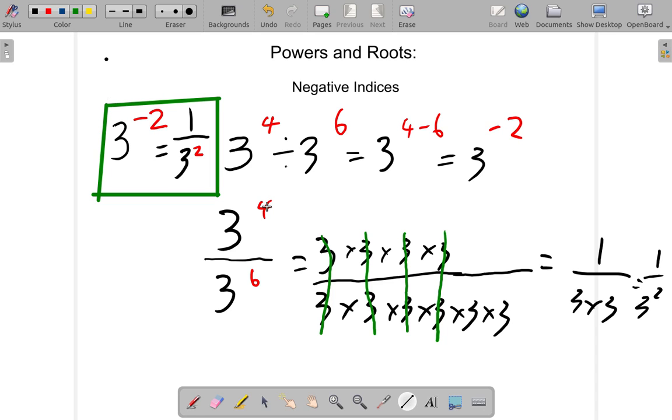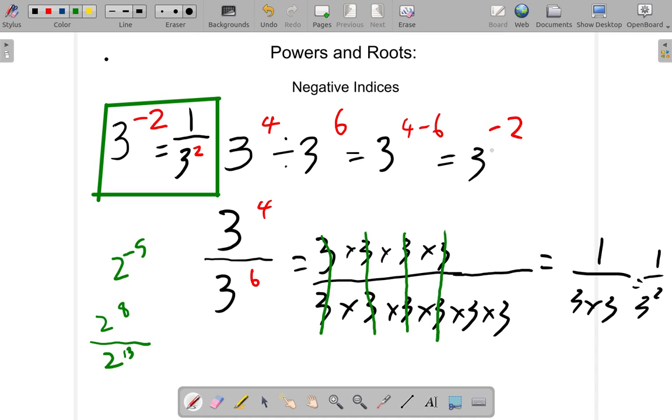You could try out, for example, 2 to the power of negative 5. You get it from 2 to the 8 divided by 2 to the 13 to get 2 to the negative 5 and see what happens.